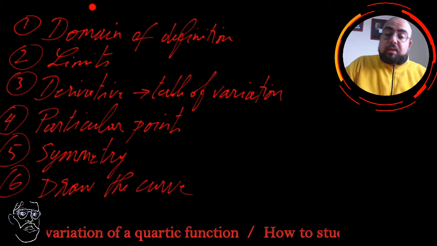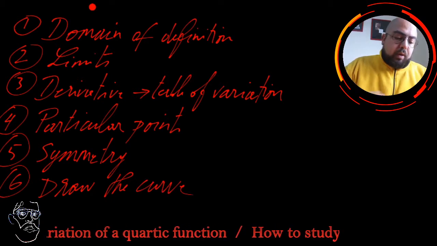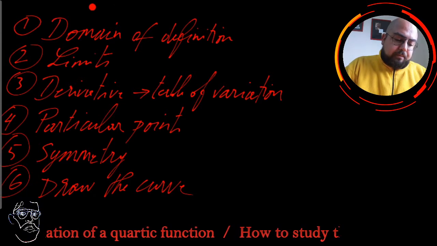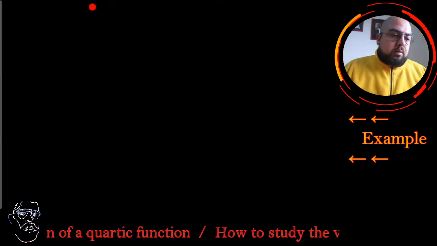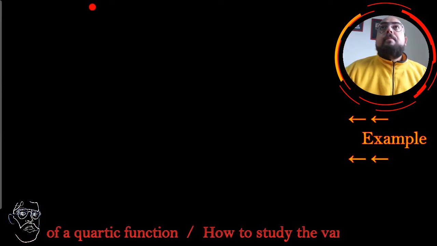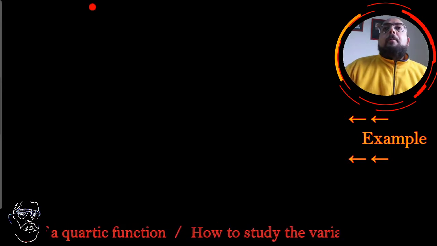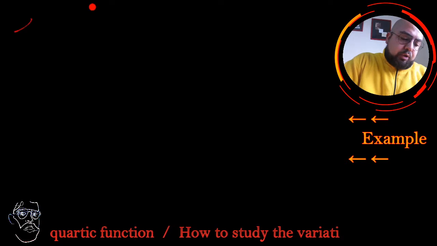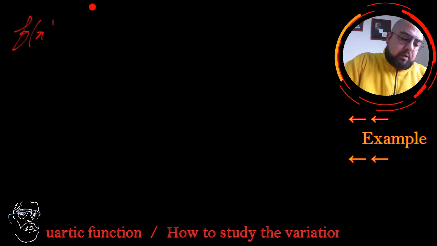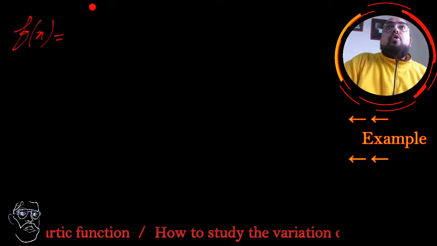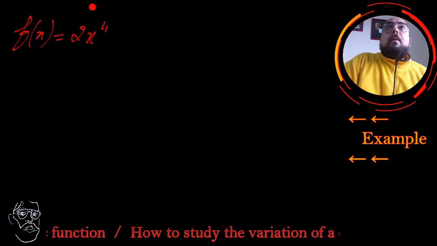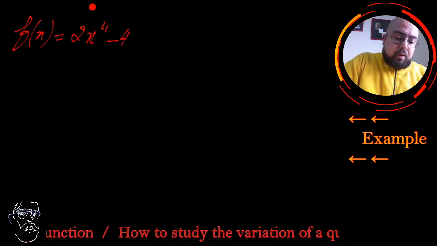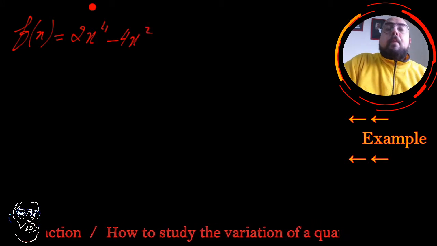Okay. So I'm going to take an example here. All right. So the example is the function f(x) is equal to 2x^4 minus 4x^2 plus 3.